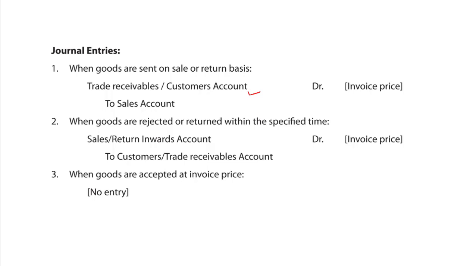Next, when goods are rejected or returned within a specified time period, sale or return inward account will be debited and customer's account will be credited, because it is returned or rejected. So the entry would be reversed. When goods are accepted at invoice price, no entry.